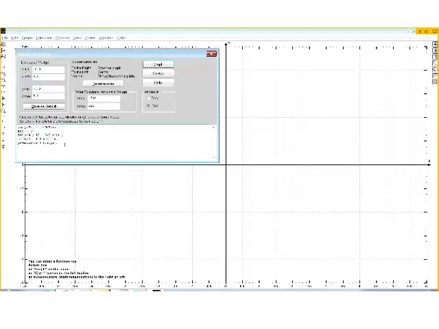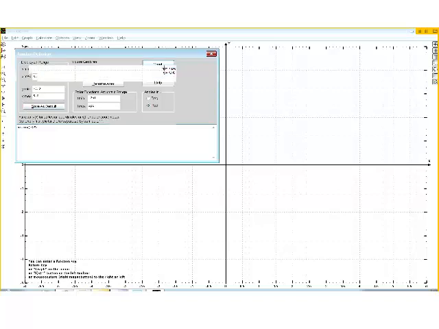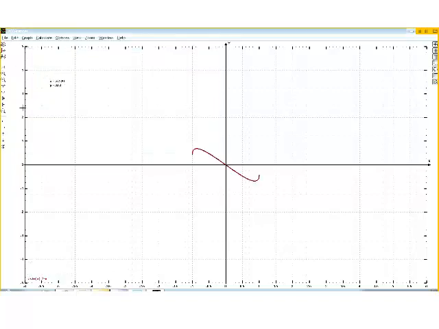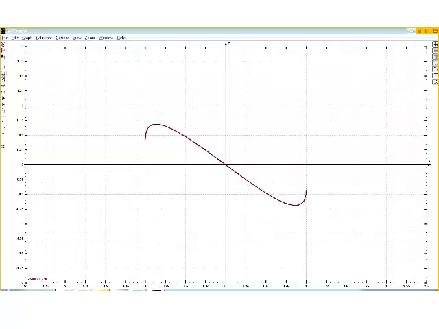And now we're going to go to the graphing program and look at this. Okay, so I'm going to plot the arc sine of x minus 2 times x. So there it is. That's the function. Let's zoom in a little bit.